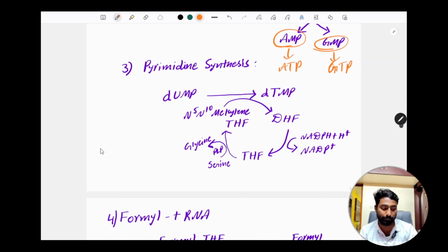Now during pyrimidine synthesis, dUMP is converted into dTMP, where N5,N10 methylene THF is converted into DHF, and again it is replenished by the enzyme DHFR, dihydrofolate reductase.